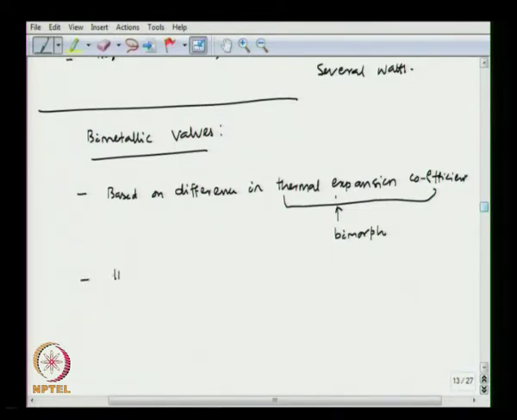And we would have a heater integrated onto the bimorph.